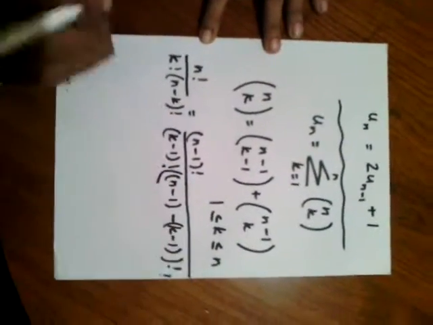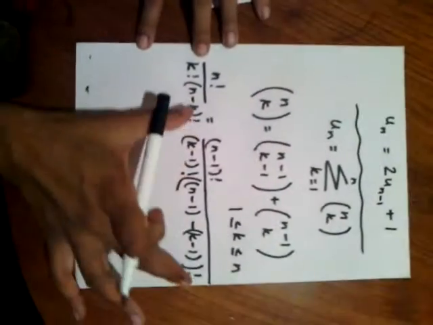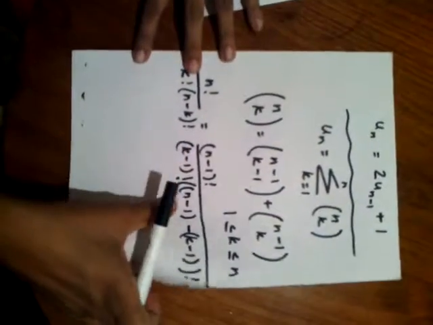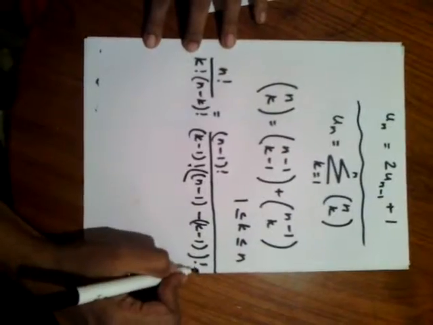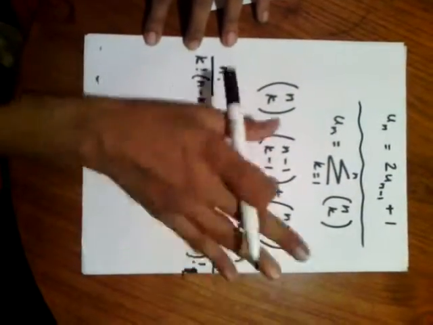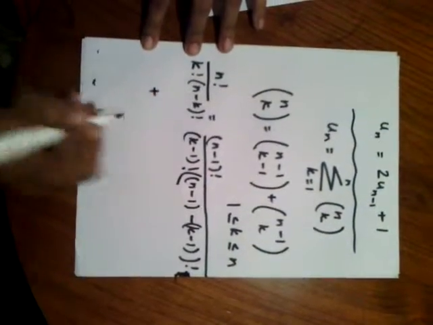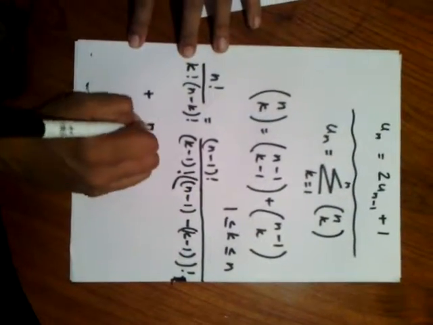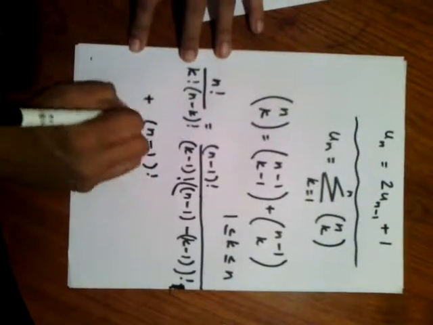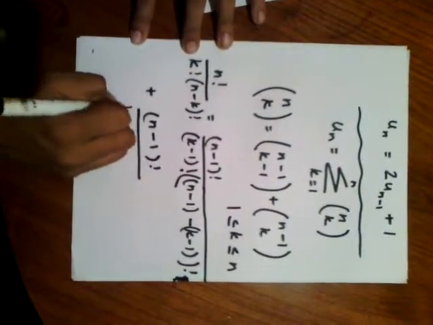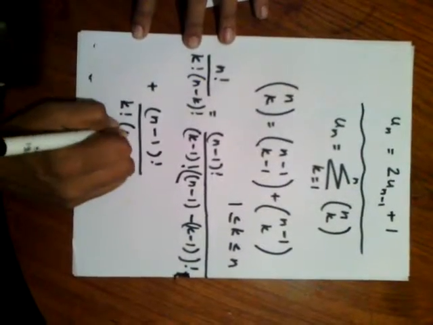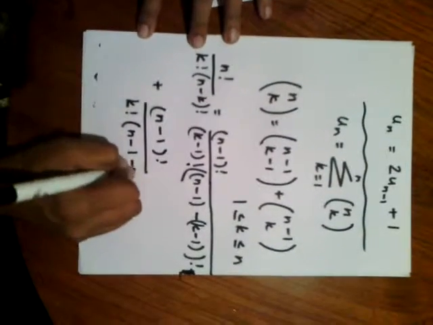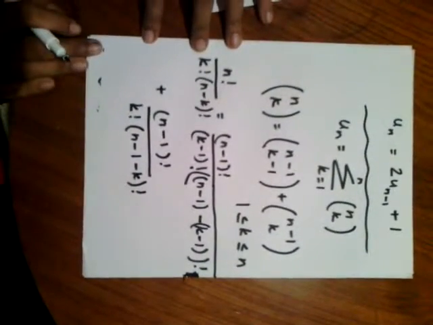So this looks a bit untidy, but that's funnily enough just the first term of the right-hand side. So you have to add the next piece, which is n minus 1 choose k. What is that? That's n minus 1 factorial divided by k factorial times n minus 1 minus k factorial.